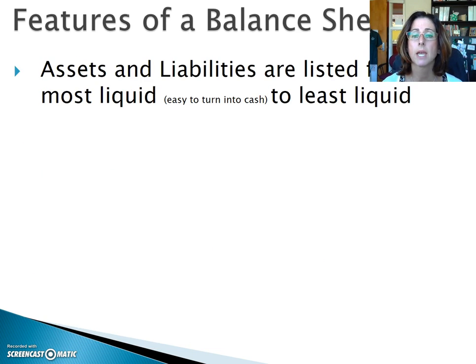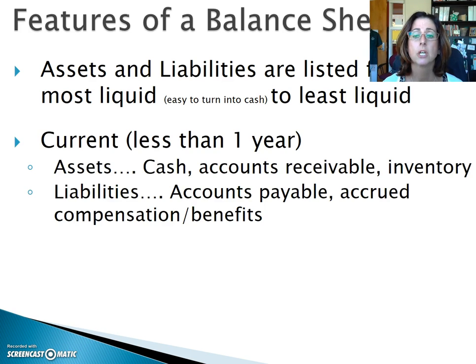And then next we have a little bit more information about assets and liabilities. They're listed from most liquid, so how quickly they turn into cash, to least liquid, how difficult it is to turn into cash. We break up the balance sheet, both assets and liabilities, into current. A current asset means something that can be converted to cash or is expected to be converted to cash within a year.